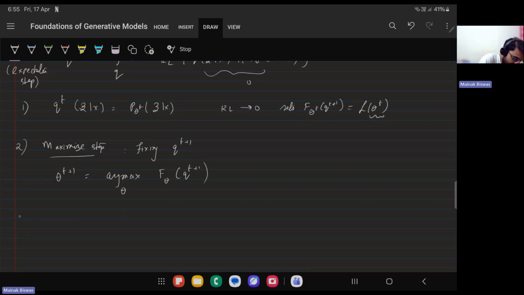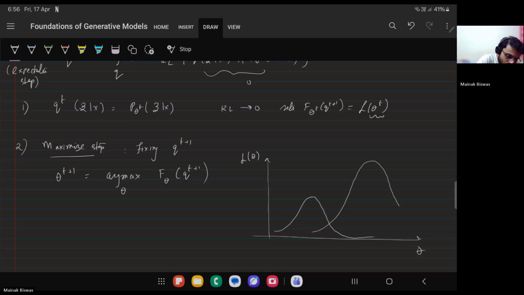So remember, recall. If I have this graph over here, this is my parameters theta, and this is my likelihood L_theta. I would have things like these. Say I have a step here and a step here. This is my theta_t. This is my theta_t+1, which I'll explain why it is going to be better very soon.